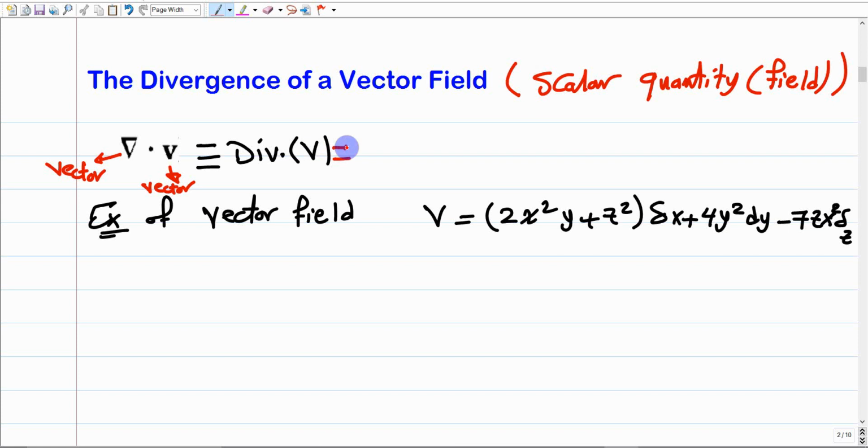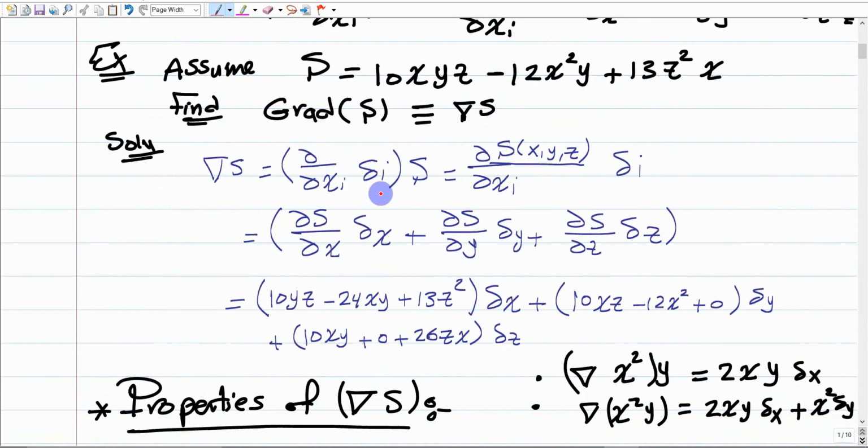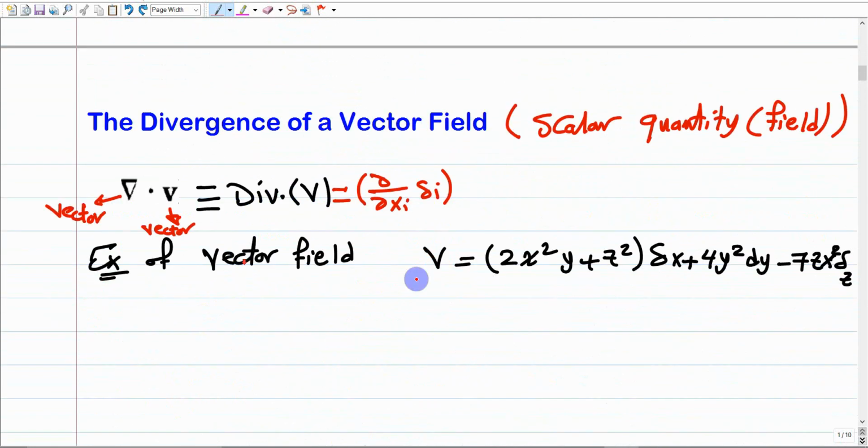So what are the expanded form and the compact form of nabla dot V? Let us do it as we did before. What is the compact form of the nabla? It is the partial derivative with respect to x_i, times e_i, as we mentioned above, right? This is the compact form of the nabla itself.